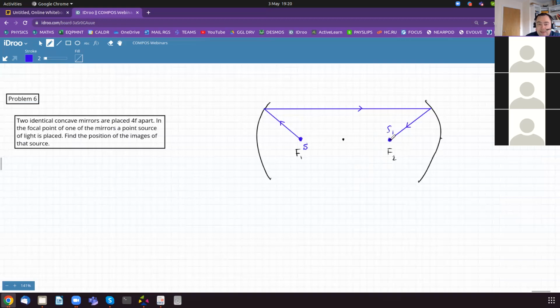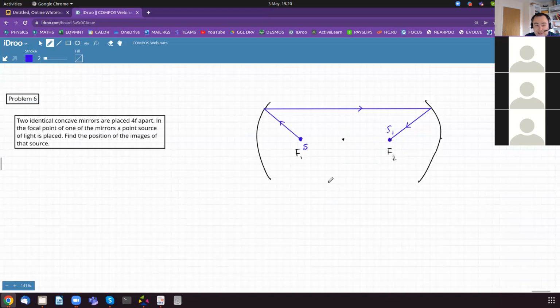Then this image is a real image, so it's going to be acting as a point source of light in this position, and it will create another image.